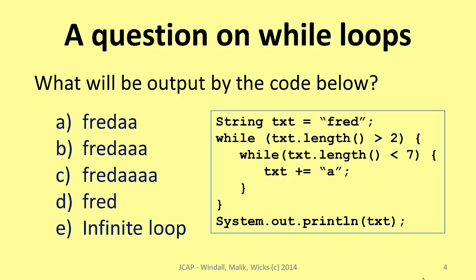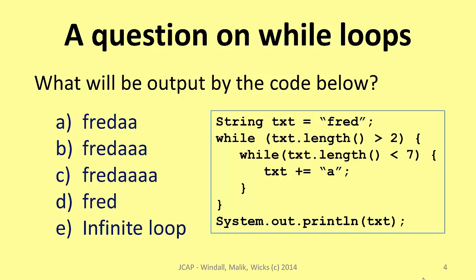So now we come to the inner while loop. The inner while loop says, while txt.length less than 7, add an a. So it'll add an a to Fred and make Fred a.